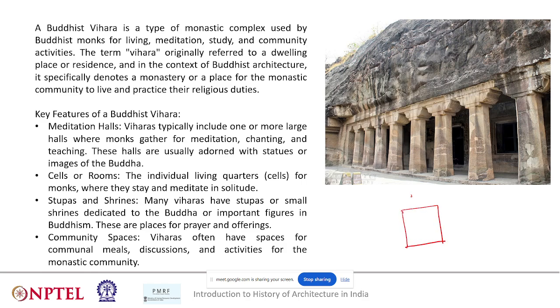I'll just try to draw it in the plan. So this can be something like this, and maybe this is the entrance way. I'm not drawing anything else. This middle portion is basically the meditation hall, where the monks can meditate. Attached to it, there are some cells or rooms, which are the living quarters for the monks where they stay.